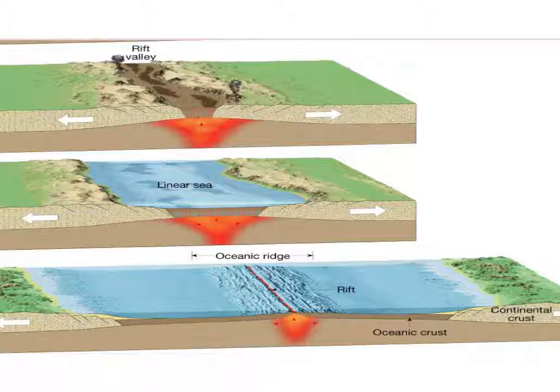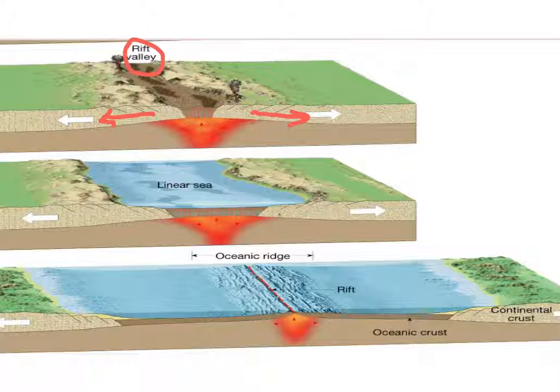And I really like this series of pictures because it kind of shows you how when these two plates are separating, are diverging from one another, before you get that ocean, we actually start to get this rift valley. So this is just a valley where the continental plates are separating apart. And so you end up with this valley of land, essentially.